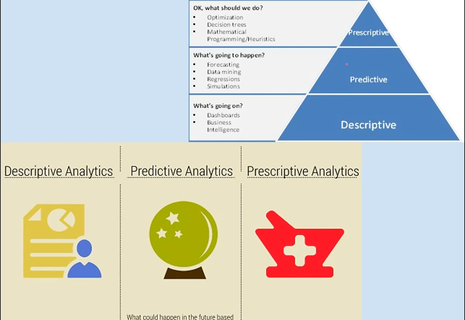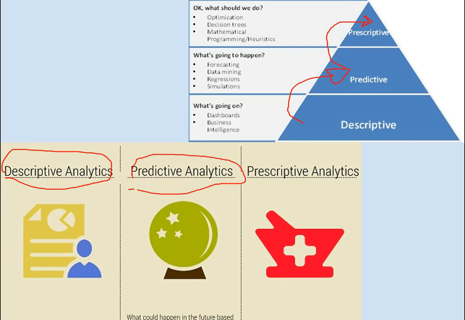So you can think of all these three tools as building upon each other. Descriptive is our starting point: understand the data, then make a prediction. Now, based on that prediction, what should we do? Descriptive analytics: what has happened?